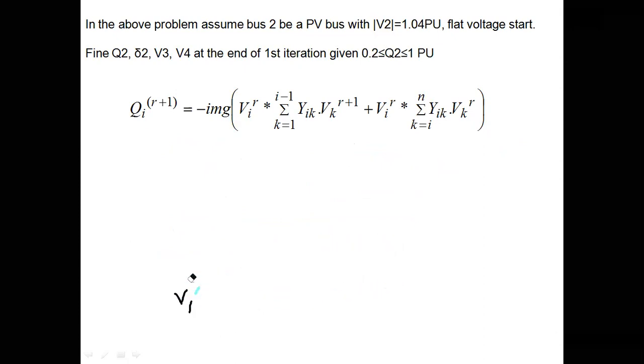Now, case 2. For the same problem, case 2, if the limits are in between 0.25 and 1 per unit for Q2.